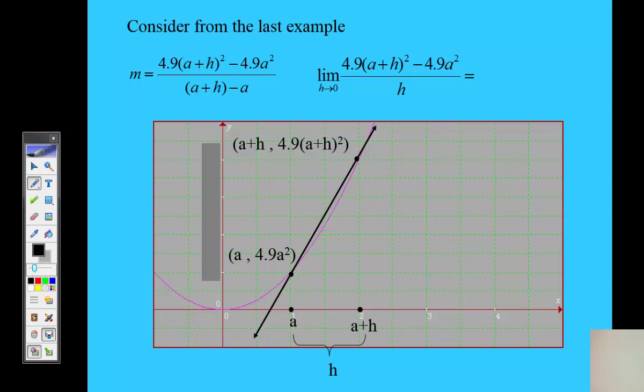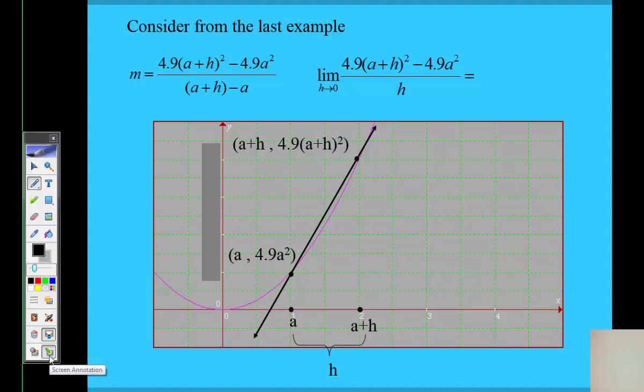And you can see if we took now the limit as h goes to 0, look at our diagram. This distance between here and here is h. Let's say that distance looks like it's 1.